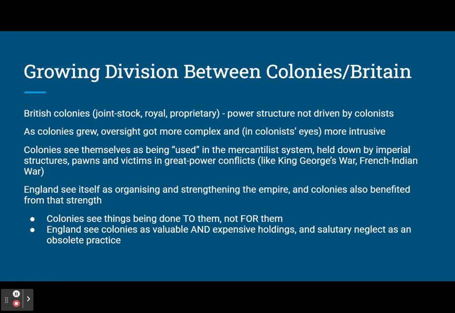Colonies saw things as being done to them, not for them. On the other hand, England saw colonies as valuable and expensive holdings. And they felt like the colonies should do something to pull their weight. They started to see increasingly by the middle of the 18th century that salutary neglect was an obsolete practice, that more and more of the colonies should be under oversight of the British ruler.